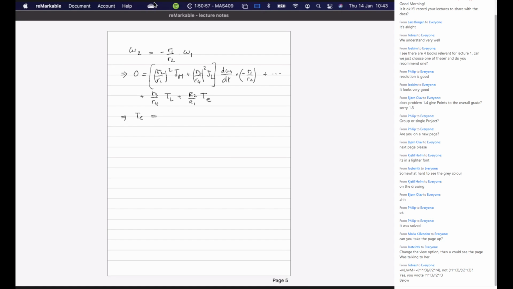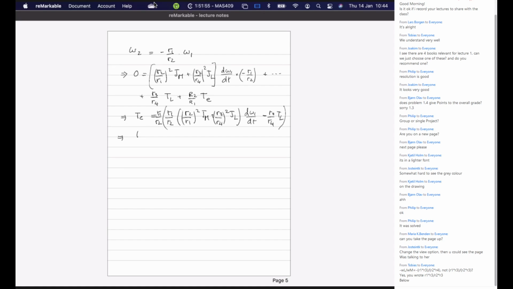So we will have, this is a minus sign, so it's R1 divided by R2 times R2 divided by R1 squared GM plus R3 divided by R4 squared GL d omega 1 dt, minus R3 divided by R4 TL, and this is multiplied by R1 divided by R2.